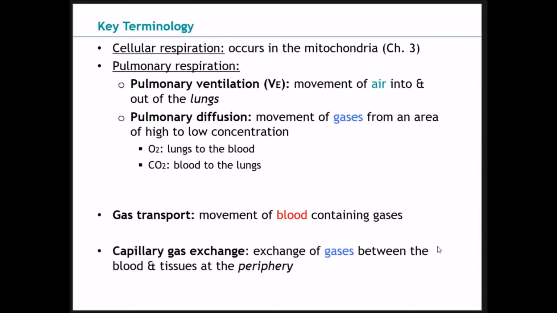And then last is capillary gas exchange. Capillary is referring to the periphery, let's say, the capillaries in a muscle. So a capillary bed. This is the exchange of gases between the blood and the tissues at the periphery. So oxygen into the tissues, CO2 out of the tissues is the direction in which these gases would move.